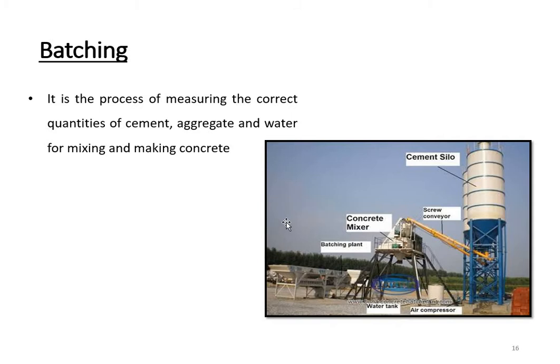You can either do it manually on the ground, but for large scale construction, you do it in a batching plant. You take the ingredients correctly depending upon the grade, and then you have a cement silo where cement is stored, and then you weigh according to the grade of the concrete you need.